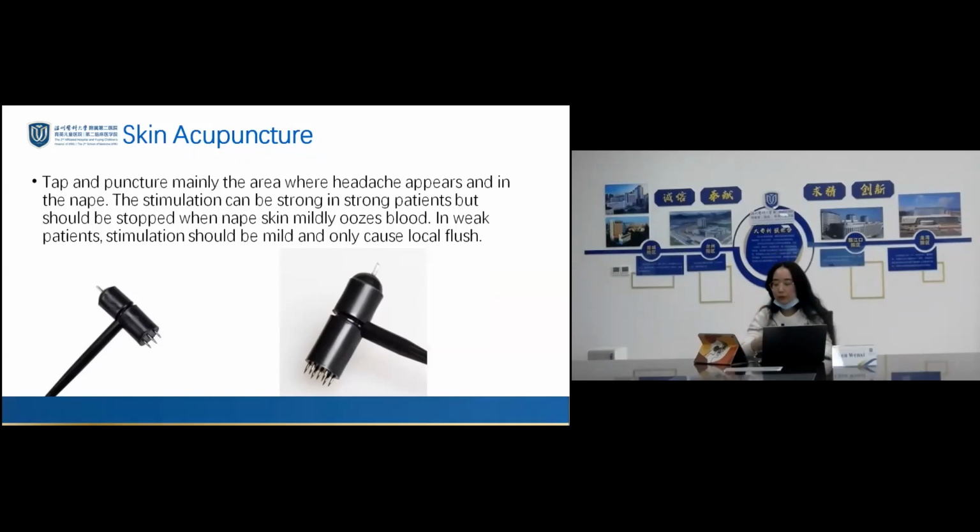But before you do the skin acupuncture, you must sterilize before manipulation. And for this kind of skin acupuncture, we always tap the area until it becomes a local flush. Sometimes it may bleed a little bit, not much.